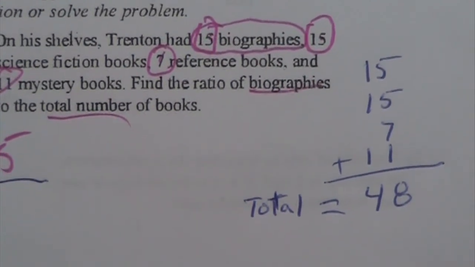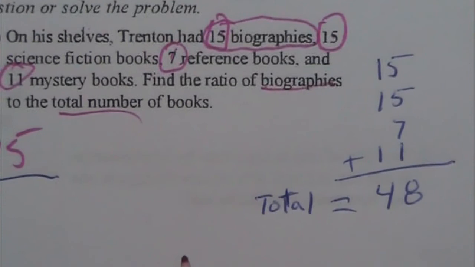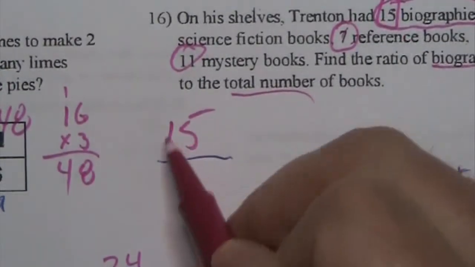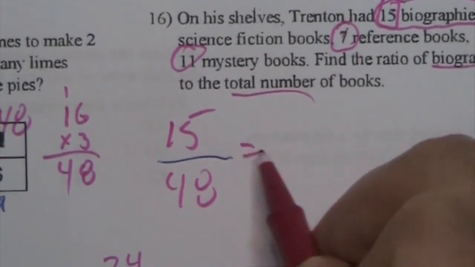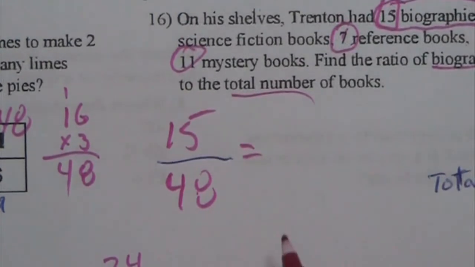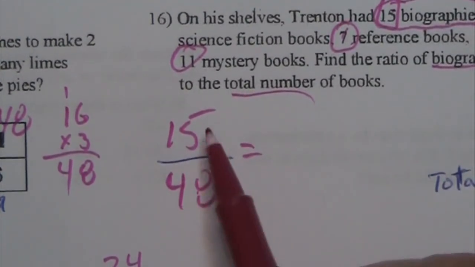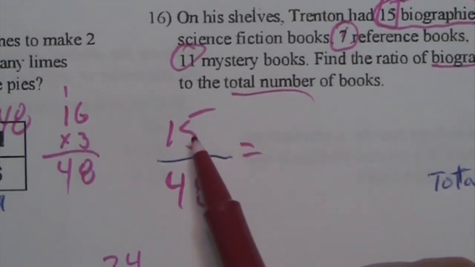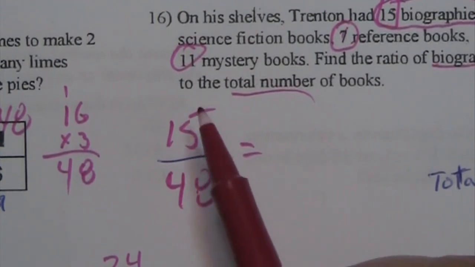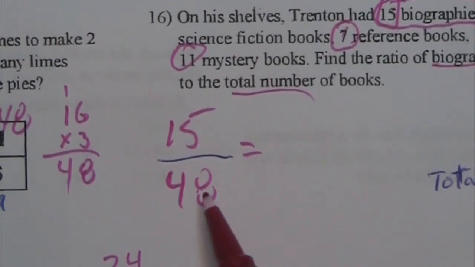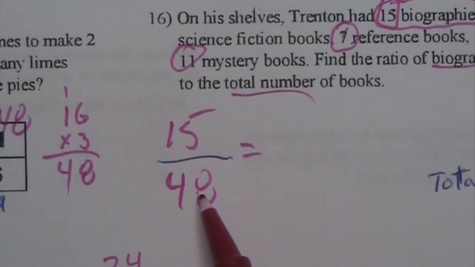So that's our bottom number, 48. So it's 15 over 48. I'm pretty sure this can be reduced. I know that 5 goes in there, but 5 doesn't go there. 3 goes in there, and 3 does go into 48.